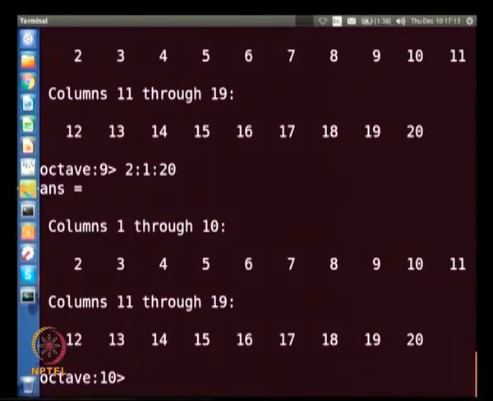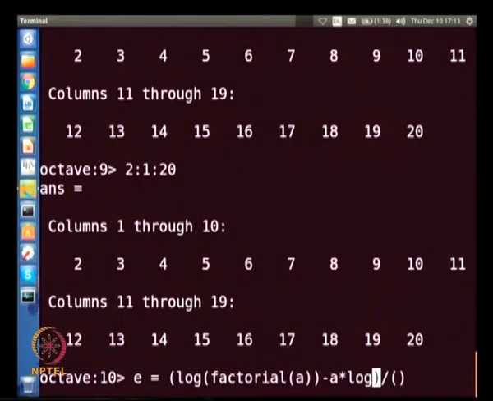I can calculate the error. Let me define E is equal to, I am going to do this divided by that. I always put the parenthesis first so that I do not miss them, logarithm of factorial of a, minus a into logarithm of a minus a.